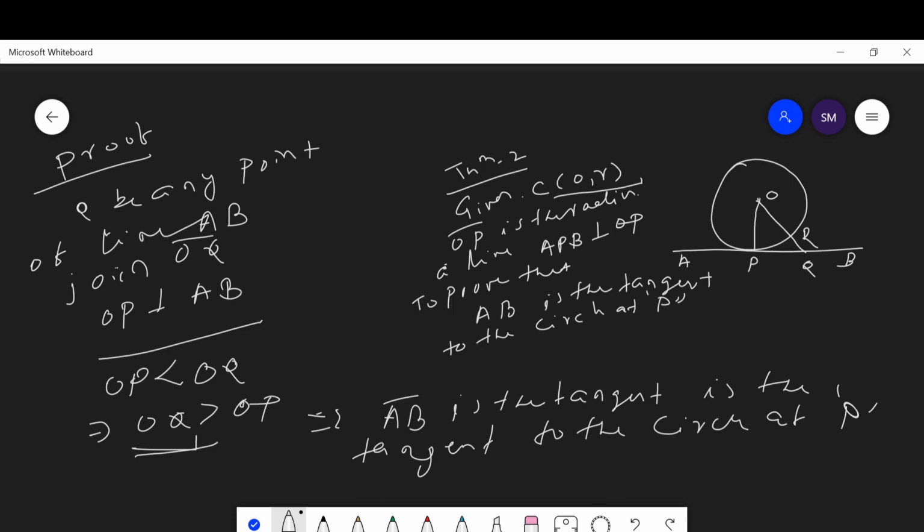As OP is perpendicular to AB, OP is the shortest distance from O to the line AB. Then OP is less than OQ. This means OQ is greater than OP, which shows that Q is a point outside the circle. This means AB is the tangent to the circle at P.